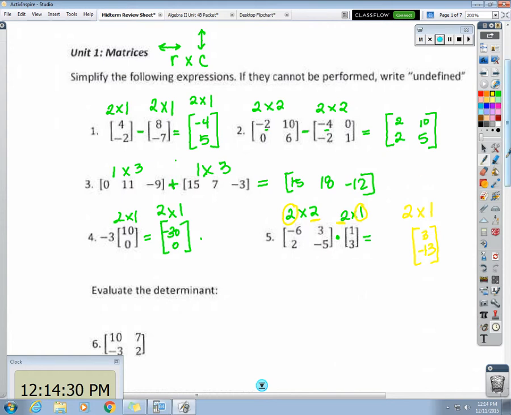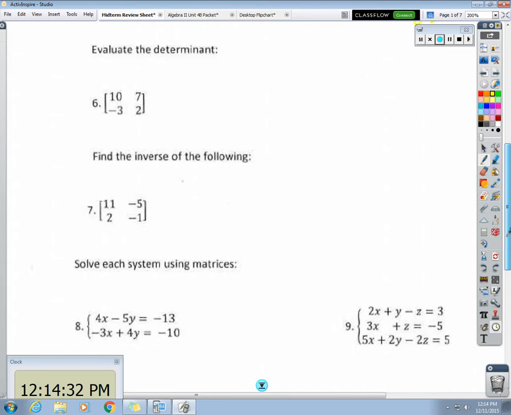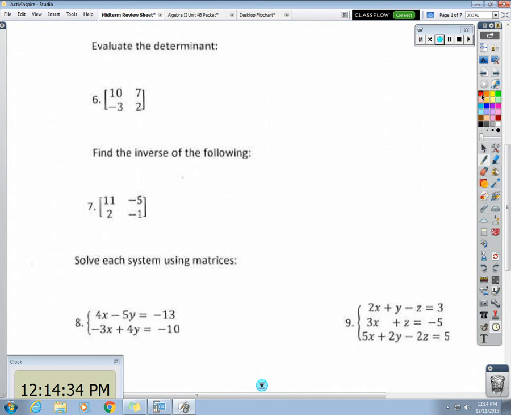All right, number 6, evaluate the determinant. I'll go over both ways, by hand and with the calculator. To evaluate the determinant by hand, the formula is A times D minus B times C. But to be able to use that formula, you also have to know that a 2 by 2 matrix is in the form A, B, C, D. So when you multiply the A times the D over here, what do you get? 20.